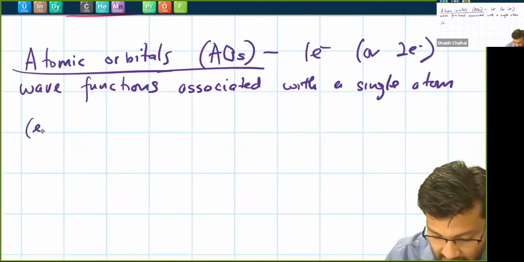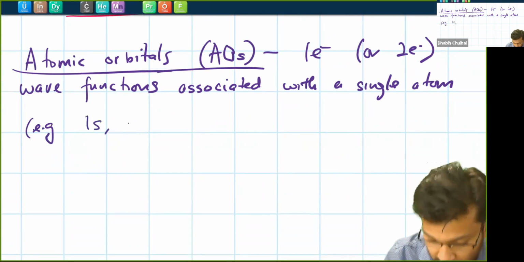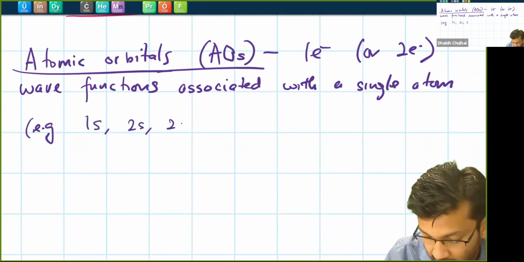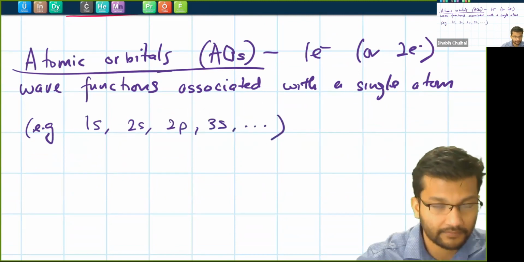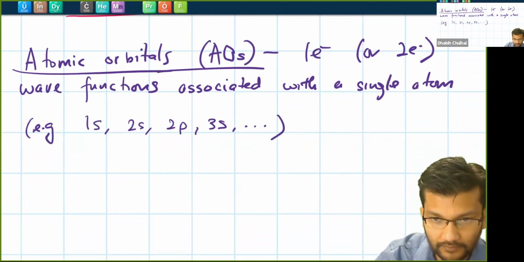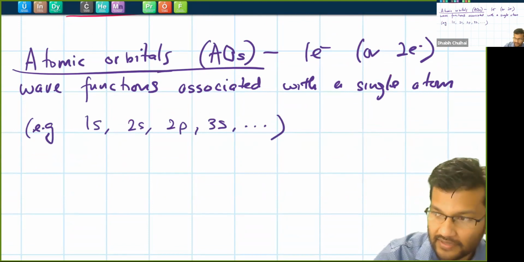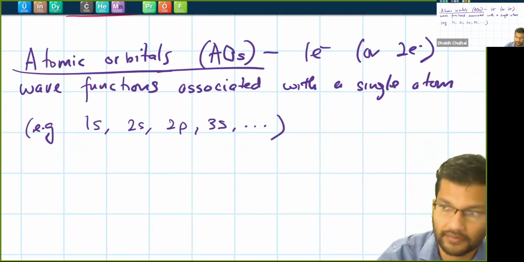And we know what these are because we've been looking at them for a while now. They're, for example, the 1s orbital, the 2s orbital, the 2p orbital, 3s orbital, and so on. Those are atomic orbitals. We know exactly what they look like. We've been staring at them for many, many years now.